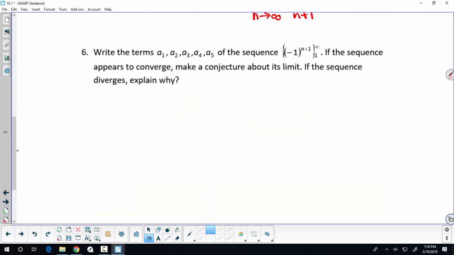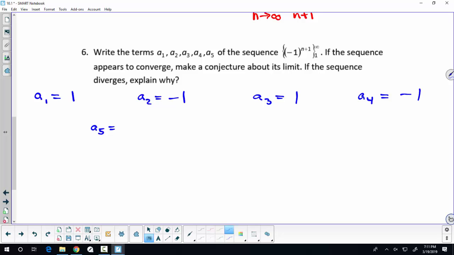Okay, how about the sequence negative 1 to the n plus 1? What would the first term be? 1. Second term? Negative 1. The third? Fourth?